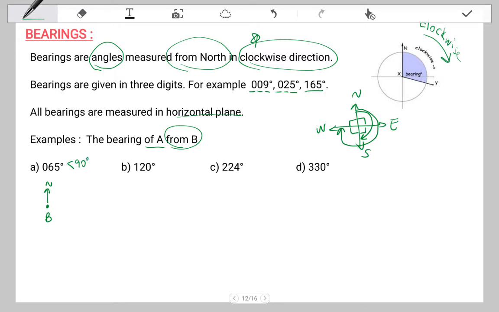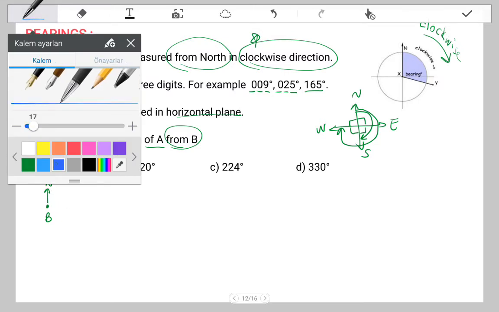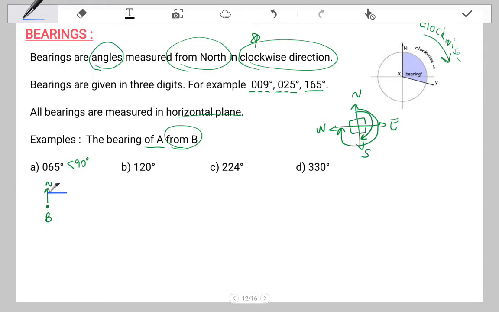So the position of A is going to be between north and east. So I start from north, and move until you get a bigness of 65 degrees. And on this line somewhere we have the position of A.